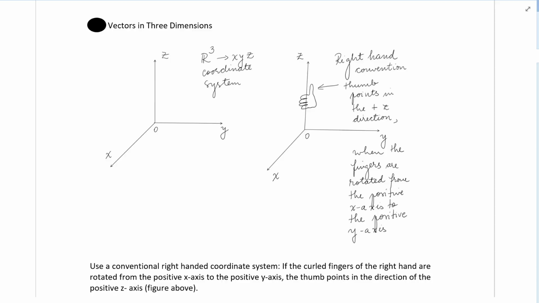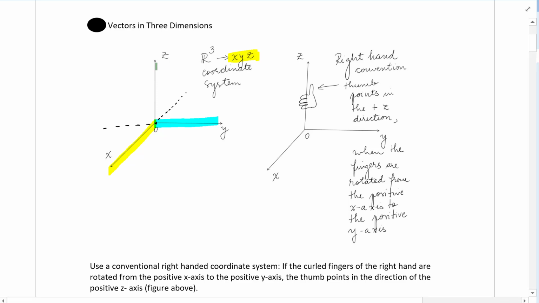In this video, we are going to talk about vectors in 3 dimensions. We have the XYZ coordinate system. We have OX, this is the positive side. If we go this way, it is the negative. OY, positive, this way would be the negative.